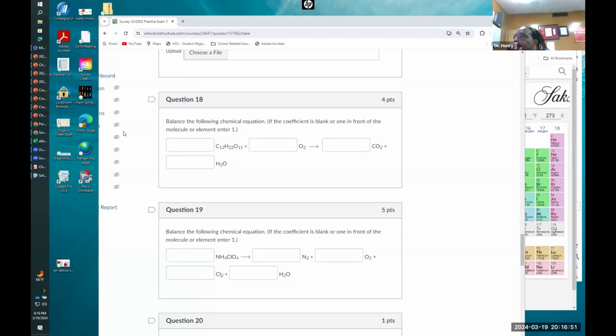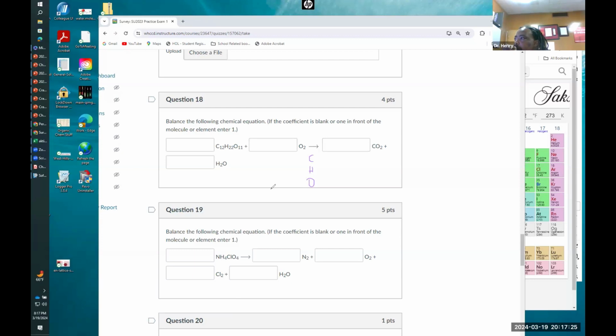Okay, so how are we going to do this? So what elements do we have in our chemical equations? In this first chemical equation: carbon, hydrogen, and oxygen.